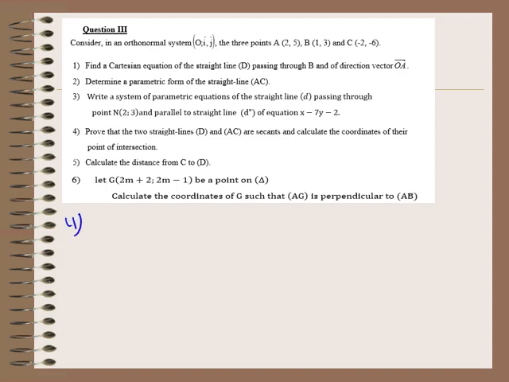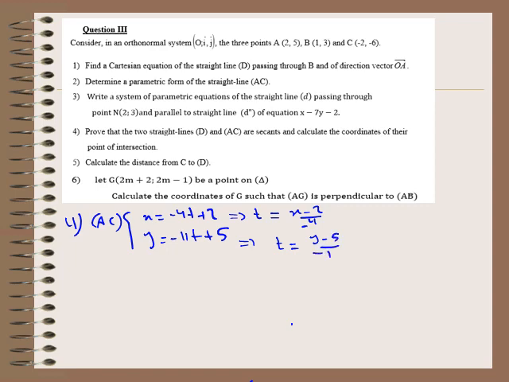Number 4. Prove that the two straight lines D and AC are secant, then calculate the coordinates of their point of intersection. First, AC: x equals minus 4t plus 2, y equals minus 11t plus 5. This equation is parametric. Convert it into Cartesian. Find t here. t equals x minus 2 over minus 4, and t equals y minus 5 over minus 11.